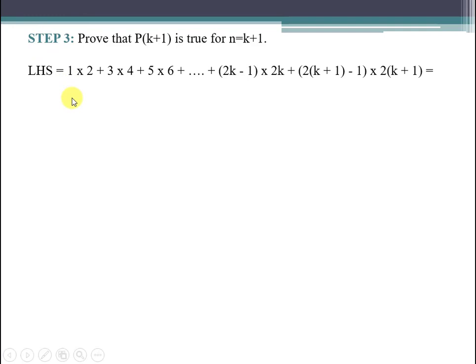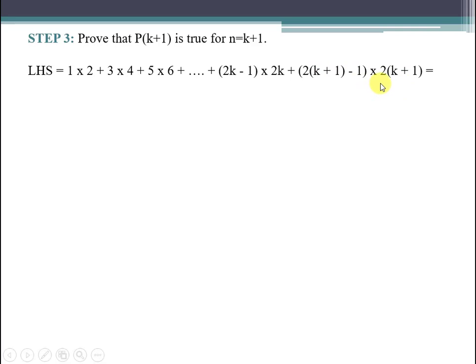Okay, so the left hand side is equal to this one, up to 2k, and we can add the next term here. So it is (2k plus 1 minus 1) multiplied by (2k plus 1).